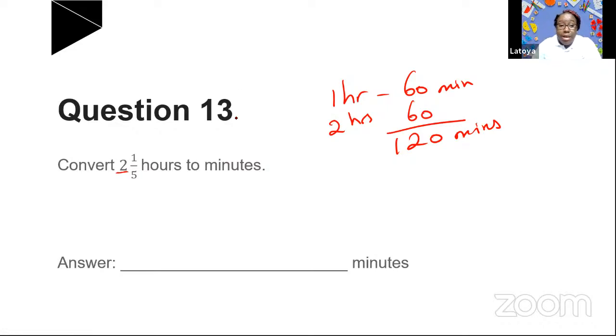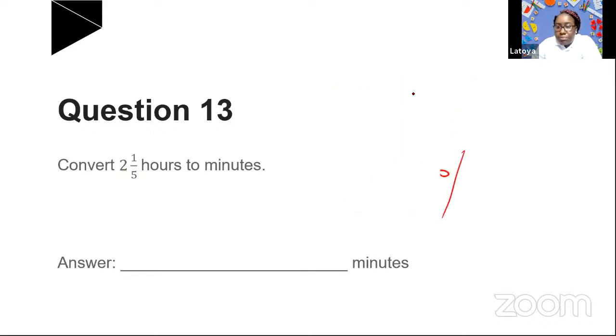We have that covered, but they said 1/5 hours. So we need to find out 1/5 of an hour. 1/5 of what? How many minutes again are there in an hour? 60. So we need to find out 1/5 of 60. How are we going to work that out? Okay, so it's going to be 1/5 multiplied by 60 over 1. 5 into 5 is 1.